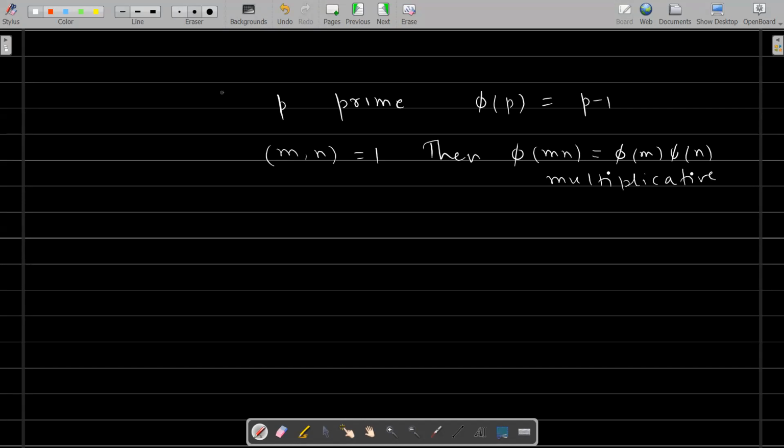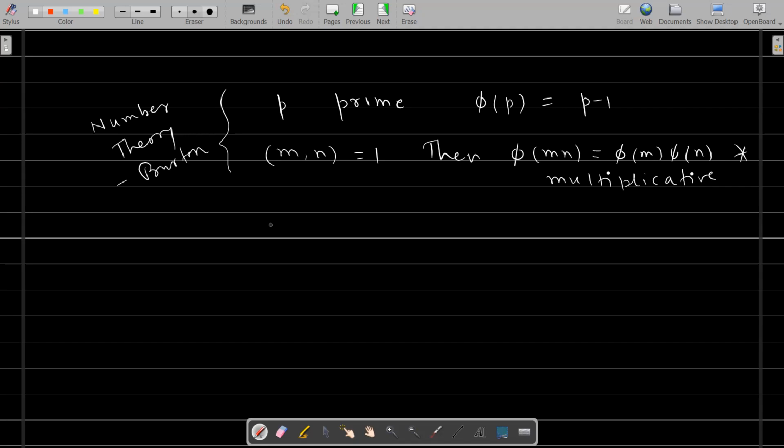For all these things, you can refer to any standard number theory book. At the end, I have given some references. Number theory by Burton is a nice reference to start with. Using this property, you can have a nice formula for phi of n.